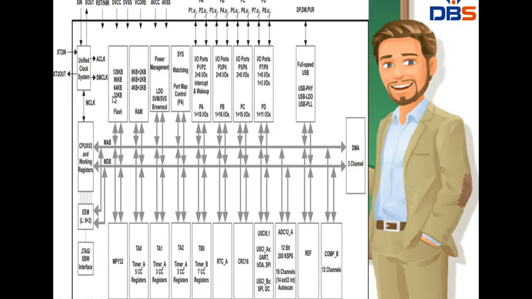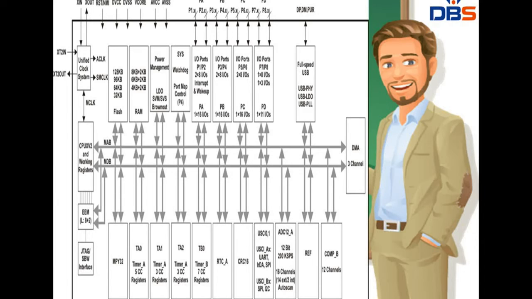So these can be varied according to its requirements. Next one is the power management module, and this manages all the functions related to power supply and its supervision for the devices.